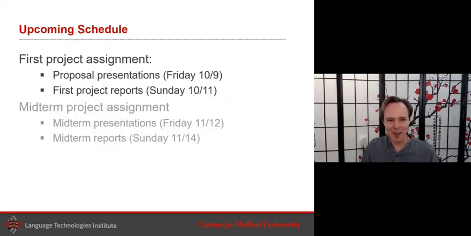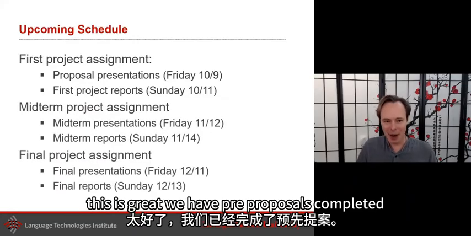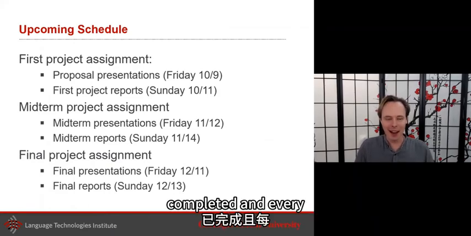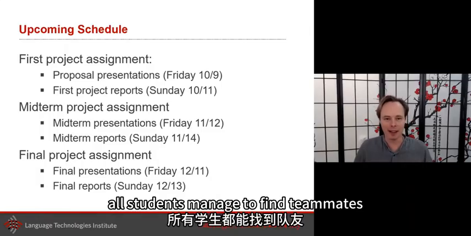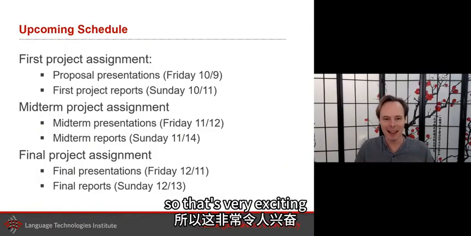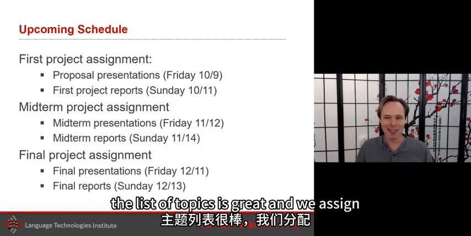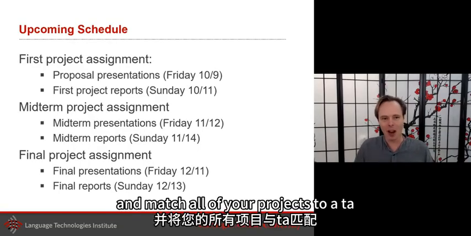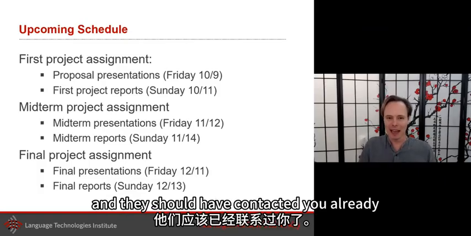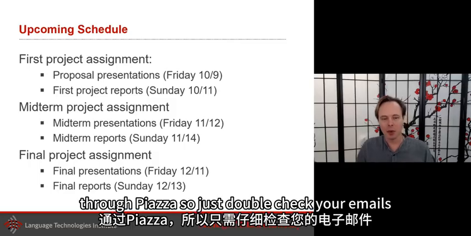So this is great. We have pre-proposals completed, and all students managed to find teammates. That's very exciting. The list of topics is great, and we assigned and matched all of your projects to a TA, and they should have contacted you already through Piazza.